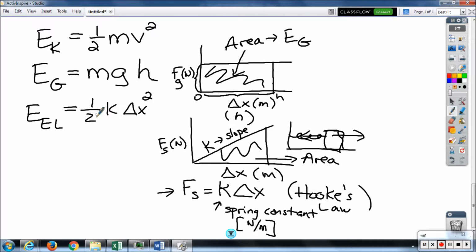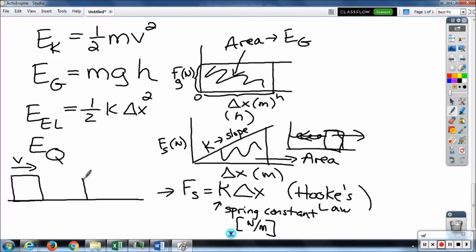The last form of energy is EQ. Now EQ doesn't have its own formula per se, but in an example where you have a box that, as it was moving across the floor with some velocity, it eventually comes to a stop.